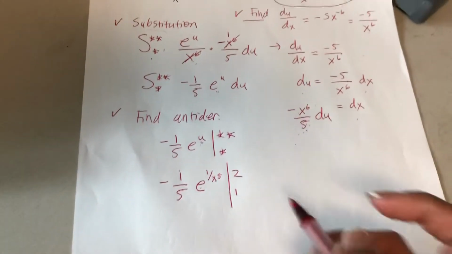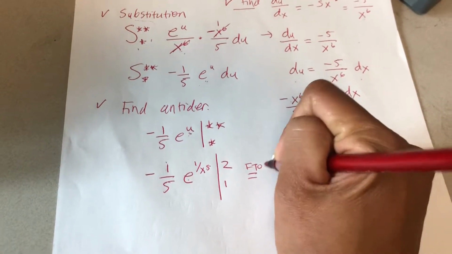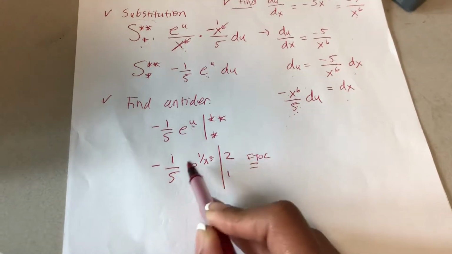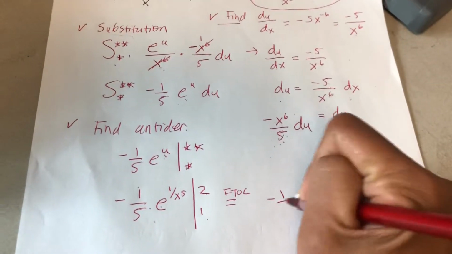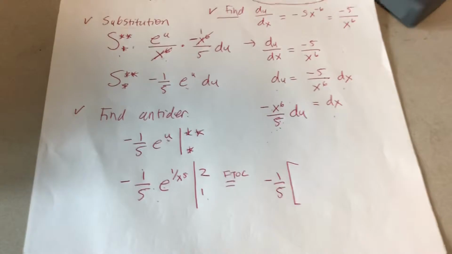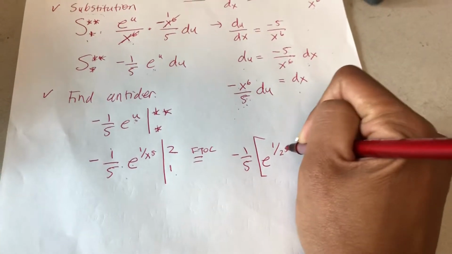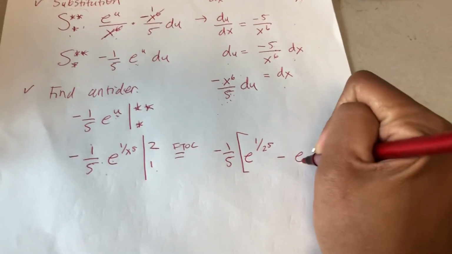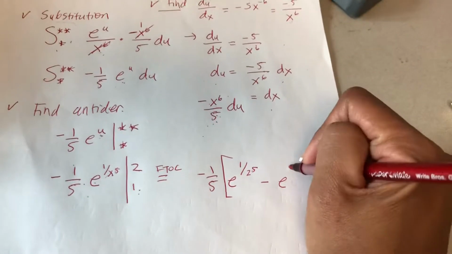Now using the fundamental theorem of calculus, FTOC, you plug in the endpoint 2 and you plug in the endpoint 1. So I have negative 1/5 on the outside multiplied by e to the 1 over 2 to the 5th, minus e to the 1 over 1, which is just e to the 1 power.